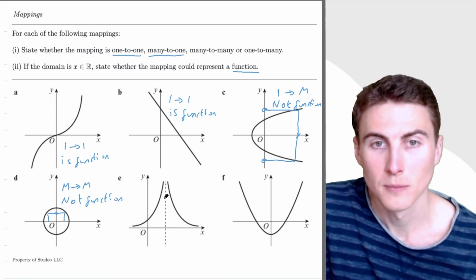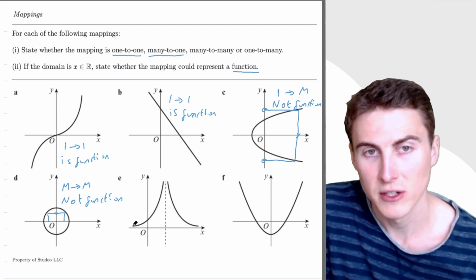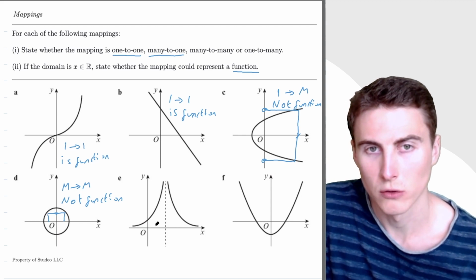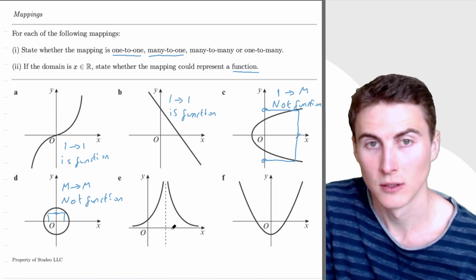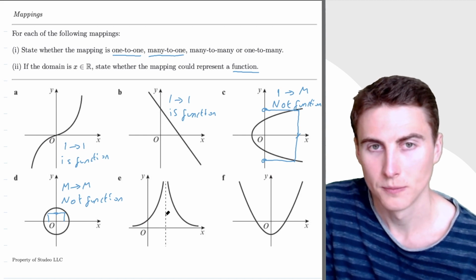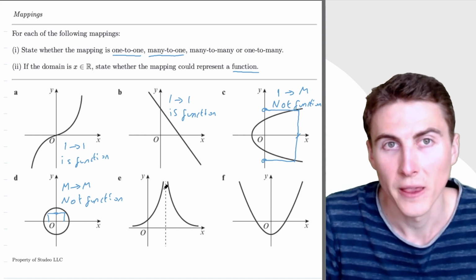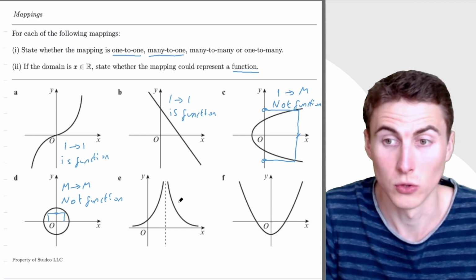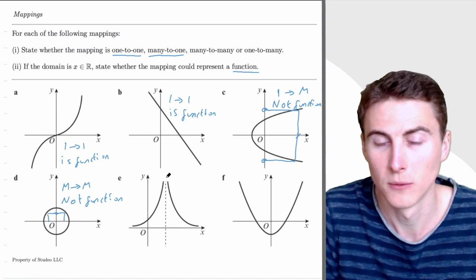This one here, this time, if you look here, every single x value does correspond to only one y value, except this x value here. This one doesn't really correspond to anything. So this would be a one-to-one, because all these x values correspond to one y value.